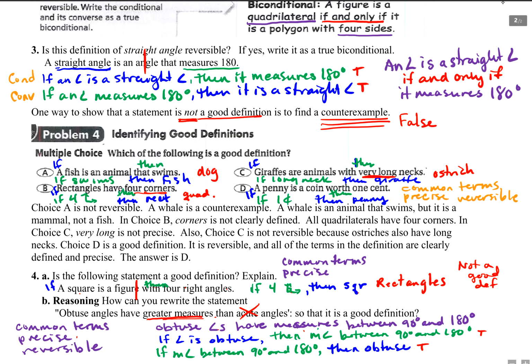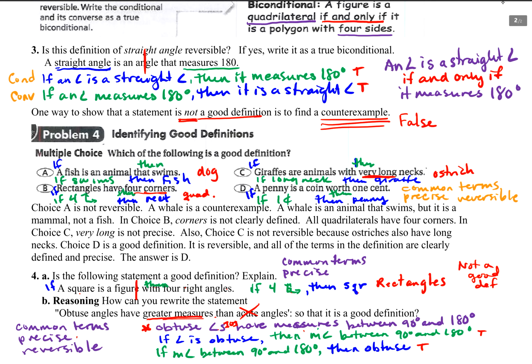So this is reversible. We now have a good definition here. Obtuse angles have measures between 90 and 180 degrees. And we could write this as a biconditional. An angle is obtuse if and only if it has measures between 90 and 180 degrees.